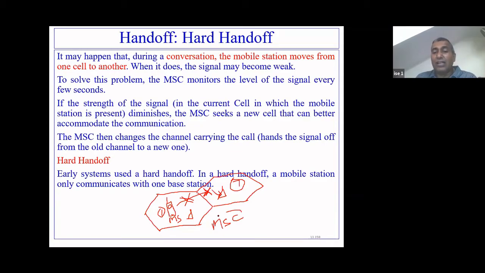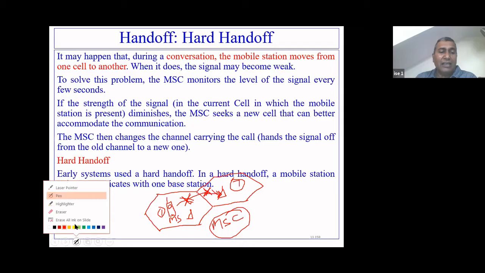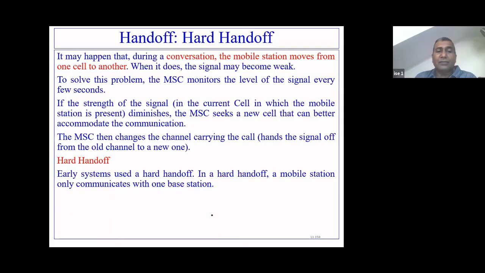So this is called hard handoff. Why is it called hard handoff? The connection here has to be cut off, and the connection has to be established with a new base station belonging to another cell. So this is what a hard handoff is, right?